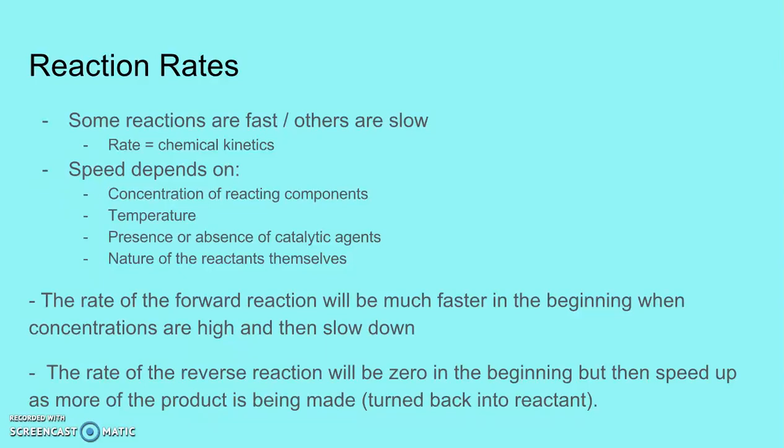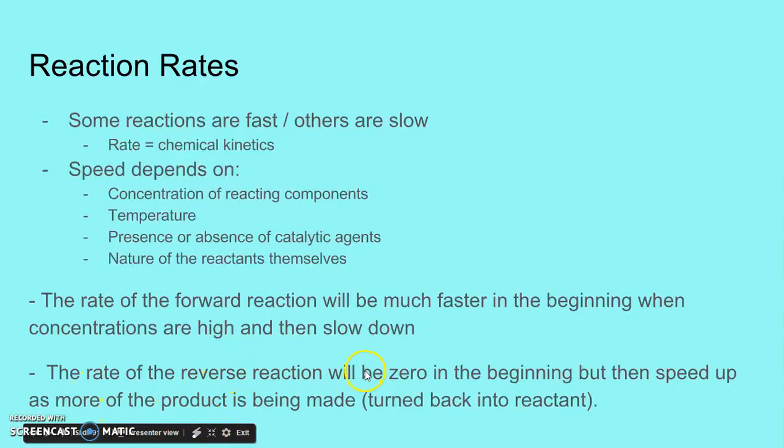So speed depends on concentration, temperature, the presence or absence of a catalyst, and just the nature of the reactants themselves. Some things just don't react very well, like the noble gases. They don't react. The rate of the forward reaction will be much faster in the beginning when concentrations are high, and then it slows down as you start to use up the reactants. So over time, a reaction will slow down. The forward reaction will, but as the forward reaction is slowing down, the reverse reaction will be speeding up.